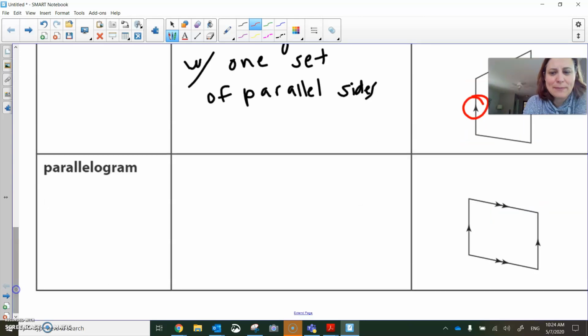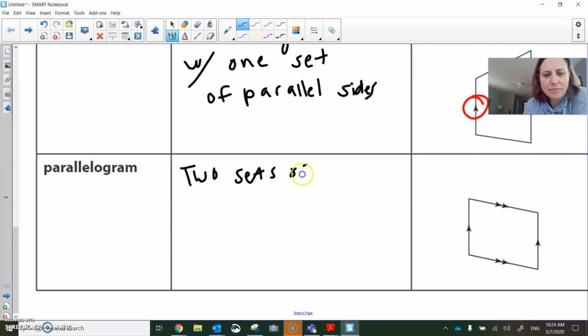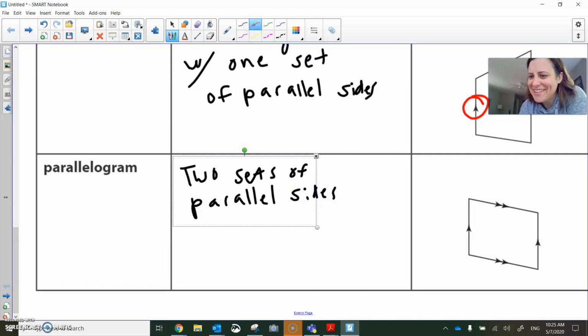And the last one is a parallelogram. A parallelogram has two sets of parallel sides. And notice how they're different.